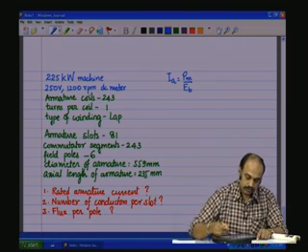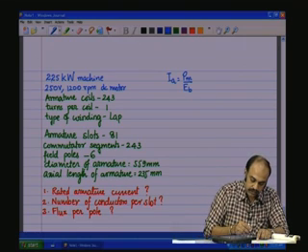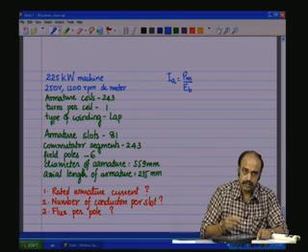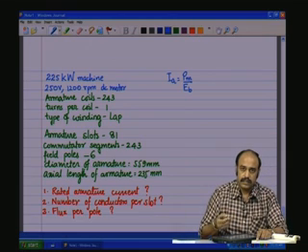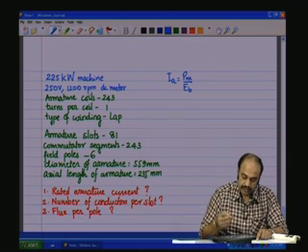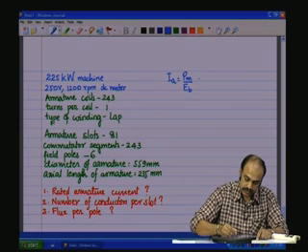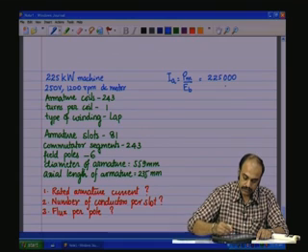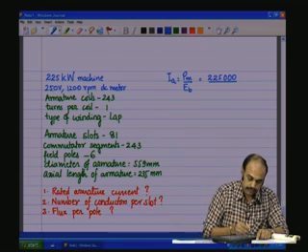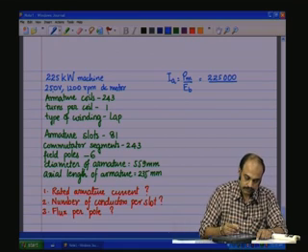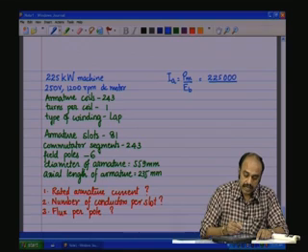Now, 225 kilowatt machine means that the mechanical power that the armature is capable of delivering is 225 kilowatts, which is 225 kilowatts, 1 2 3 zeros, divided by 250 volts. 250 volts is the applied voltage EA.